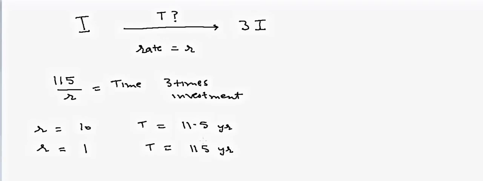So why does this happen? Let's try to solve this problem with the journal approach. The journal approach is to have your investment, and we multiply this investment with the interest rate, and each year it is compounded, so we have raised to power t, and that should be equal to 3I because we are looking for the investment to grow three times.